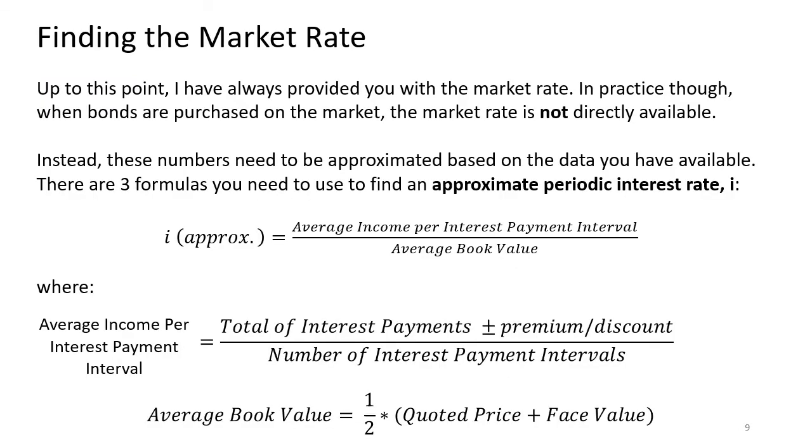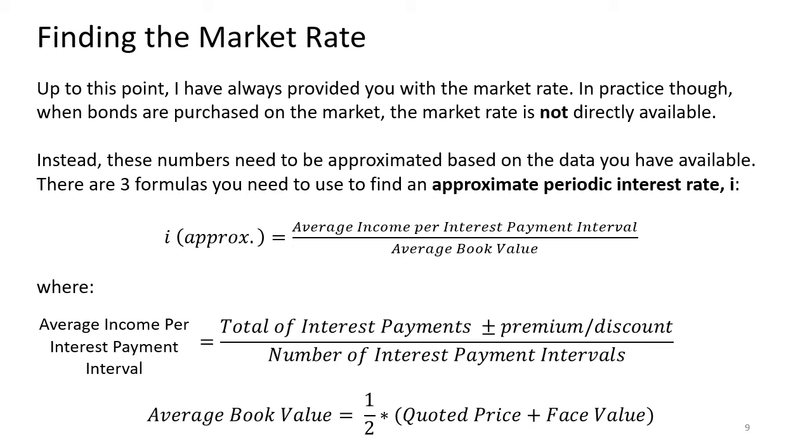So the last topic I want to talk about, and I was just talking about the market rate when we looked at the bond schedule, is I've always provided you with that market rate, okay? But in practice, when bonds are on the market, that market rate isn't directly available. It's always shifting, okay?